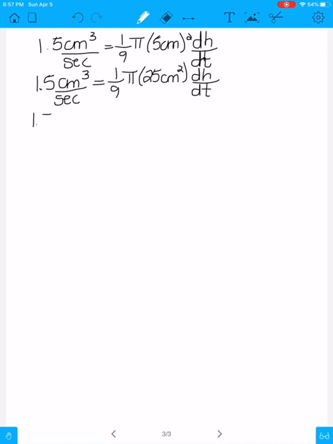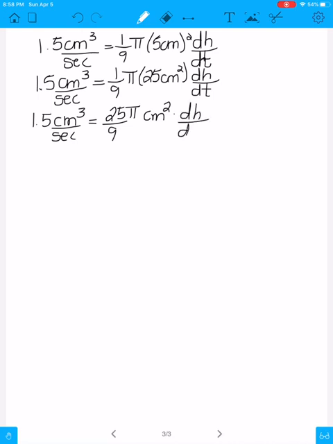And now I can put the 1/9 and the 25 together. So I get 25 over 9, the pi's on the top, centimeters squared times dh dt.